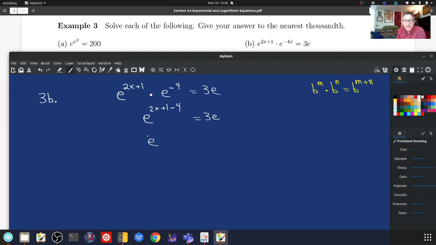Do I have an x? Oh, that's 4x. Sorry, let's get this right. So that's e to the minus 2x plus 1. And that's going to be equal to 3e. Again, our base is e, so let's take the natural log of both sides.